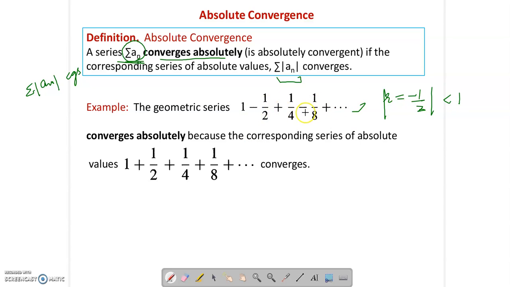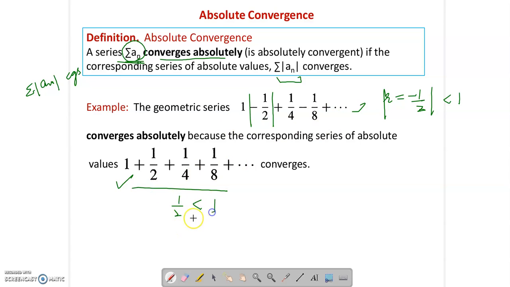Now the question is, is this geometric series converging absolutely? For that, we will take the absolute value of each term of the series. So when you take the absolute value, the corresponding series of absolute values will be this series, again a geometric series with common ratio 1 by 2.